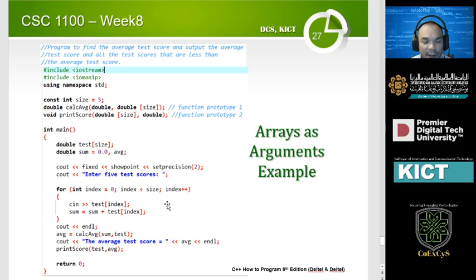Take a look at this and how it works, right? Here we're still going through the function and calculating the test scores. Enter 5 test scores, so we enter 5 test scores into the array, and after that, we calculate over the whole array and find the average of it, right?